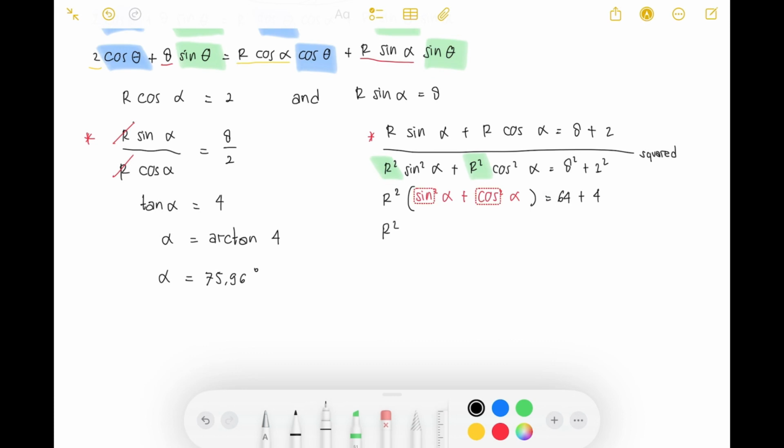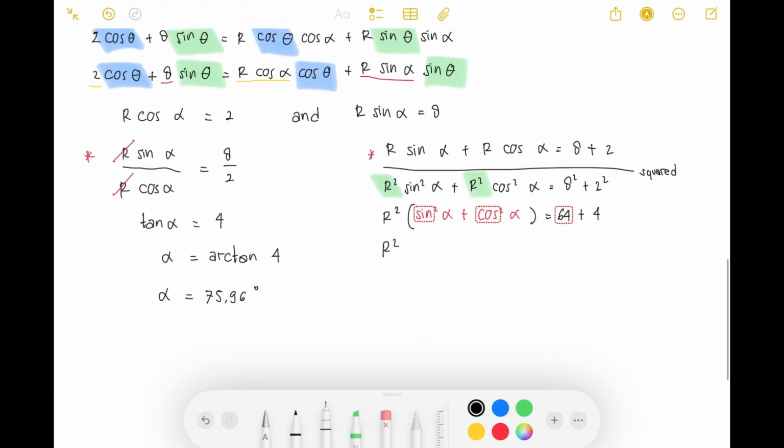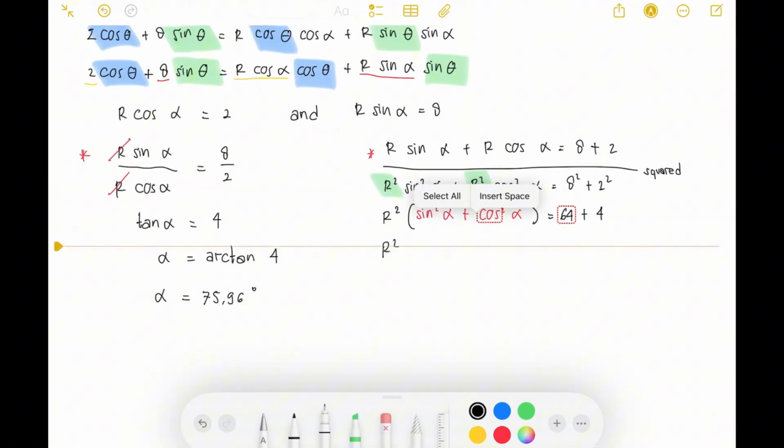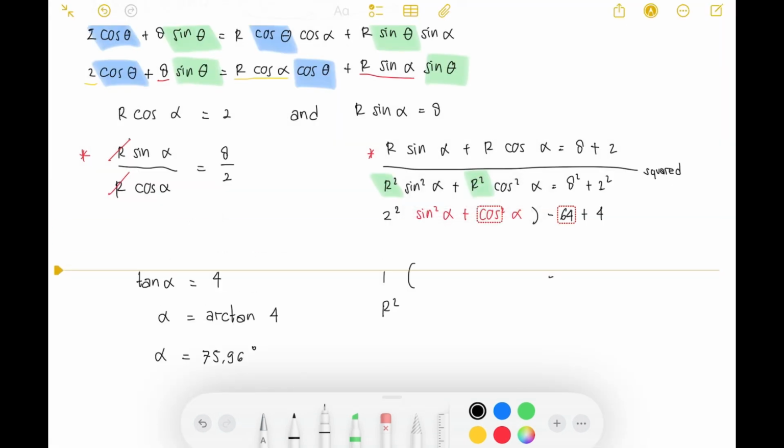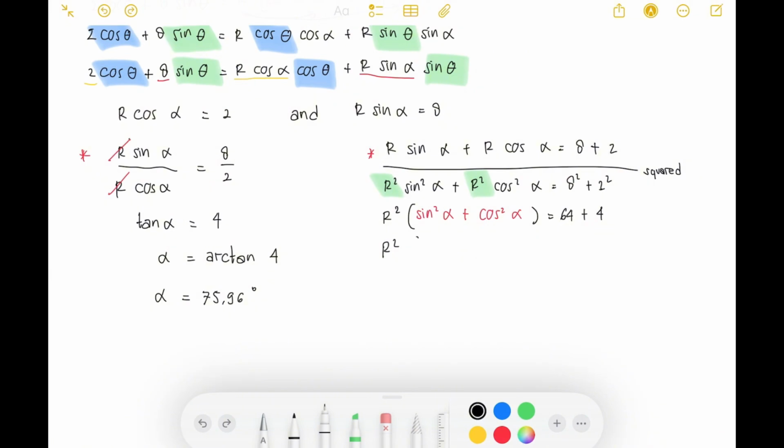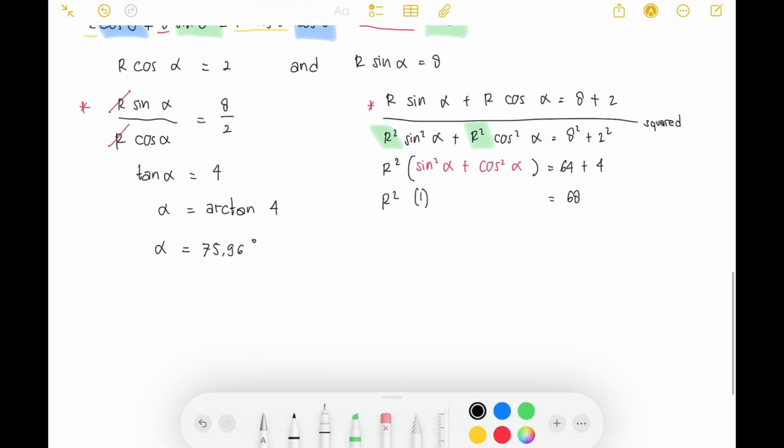R squared, what is sine squared alpha plus cosine squared alpha? Yes, correct. This is 1. Here becoming 64 plus 4. Here r squared equals 68.